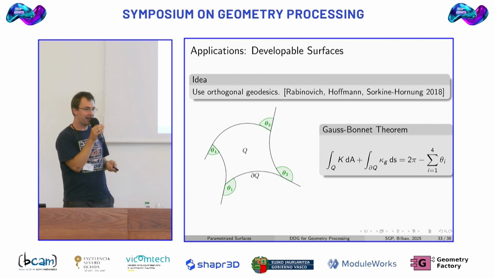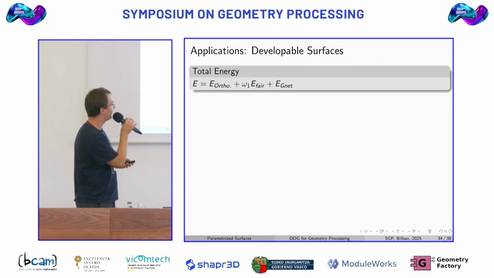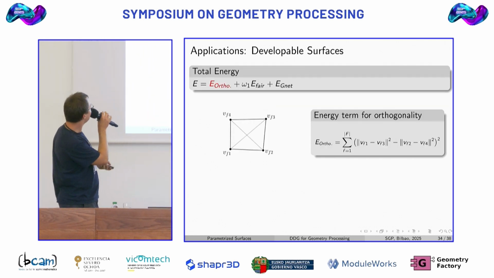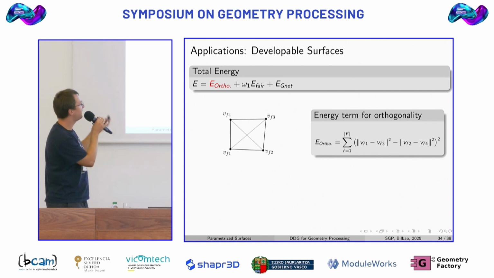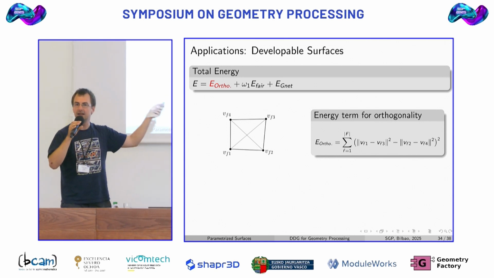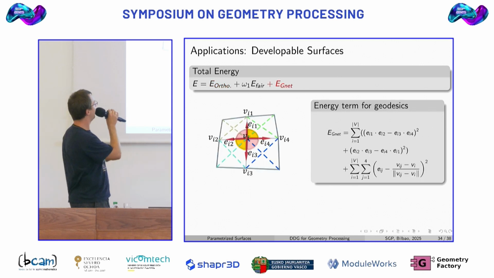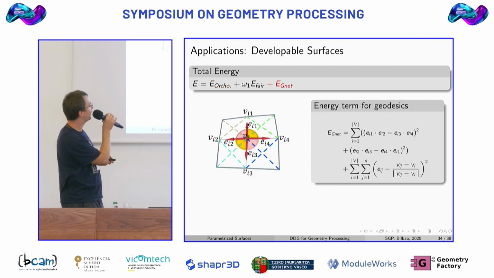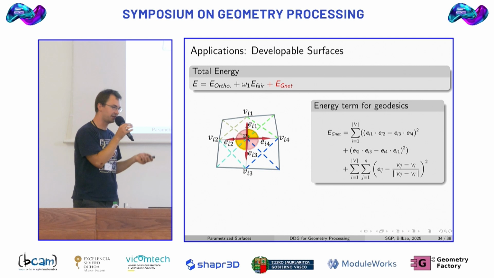Okay, with this idea in mind, we just have to look for a net of discrete orthogonal geodesics. We have an energy term for orthogonality, just giving us diagonals of equal length. And we combine it with an energy term giving us geodesics.